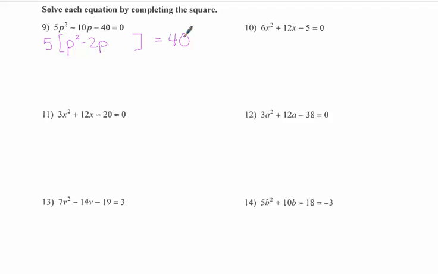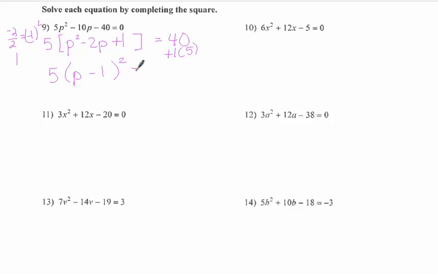I'm trying to figure out what x is. So from here, I'm going to take this -2. I'm going to divide by 2, and I get -1. I squared, and I get a +1. I add 1 here, but I'm really adding 1 times 5, or 5. So I get 5. This is the magic that happens.